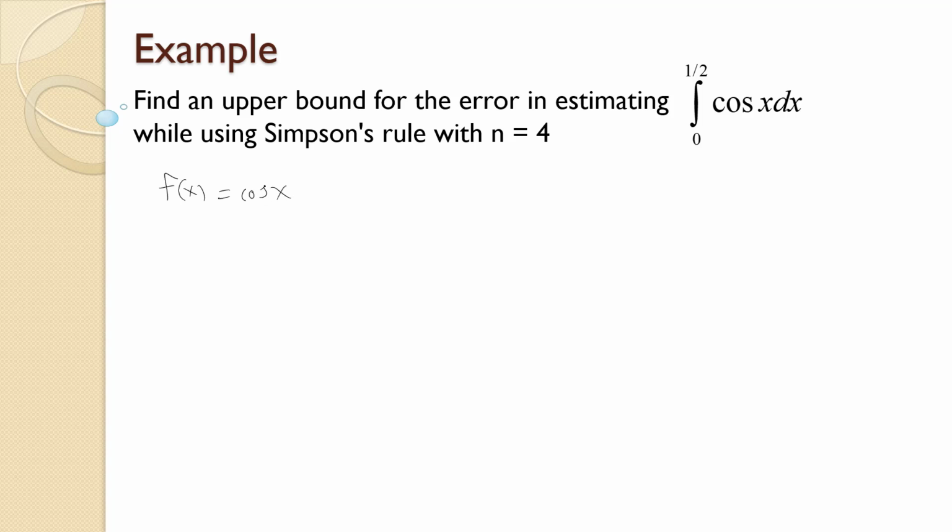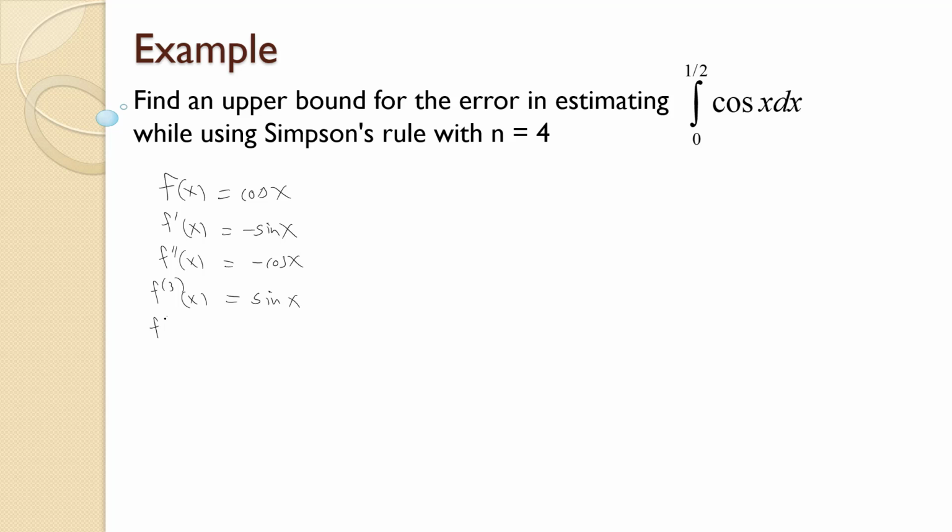Simpson's rule requires that I take the first, second, third, fourth derivative. So I need to know the first derivative, which of course would be negative the sine of x. I would need the second derivative, which would be negative cosine of x. I would need the third derivative, which would then be the sine of x.